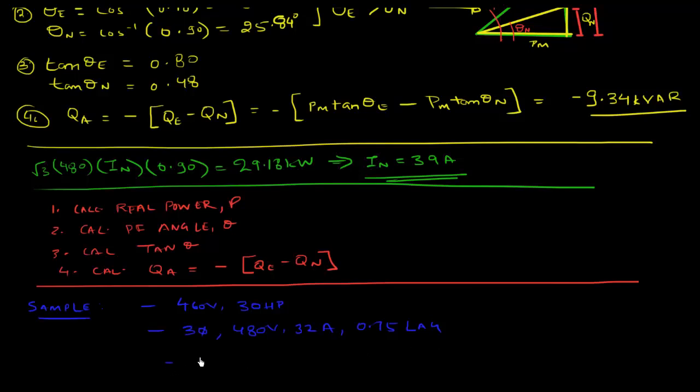You want the new power factor to be 0.92 lagging, and for this you have to find out your Q additional. So try the sample problem. It's absolutely similar to the one we solved, but once you solve it yourself, you'll get a better understanding.